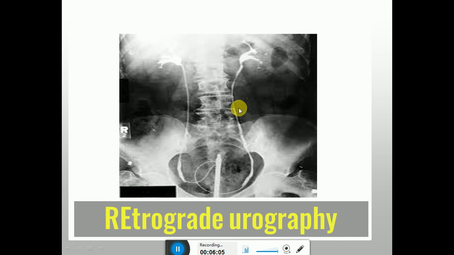So how are you going to differentiate IVP from retrograde urography? In retrograde urography, you will be able to visualize the catheter by which the dye is being injected.